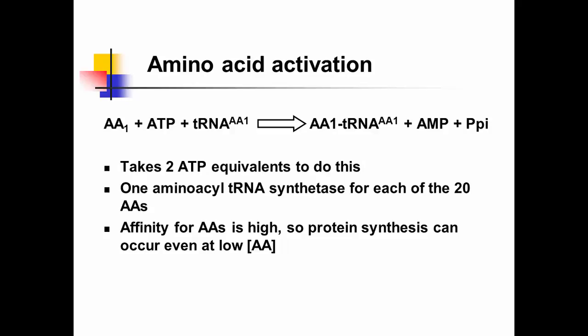So you can see certain amino acids attached to the transfer RNA, and then the transfer RNA is able to transfer amino acids to the translation site. And the enzyme for amino acid activation is called aminoacyl tRNA synthetase, right?